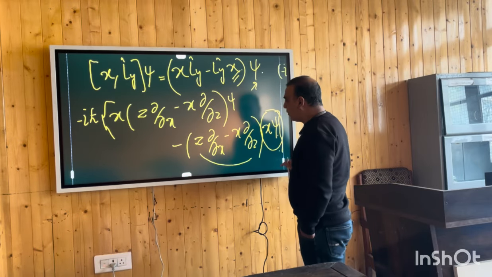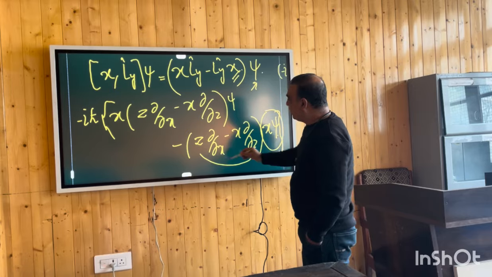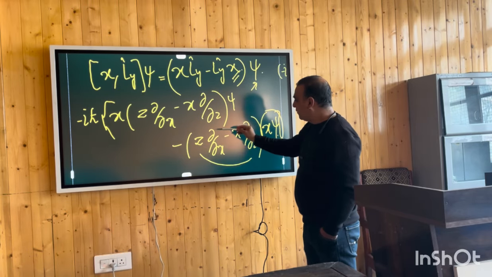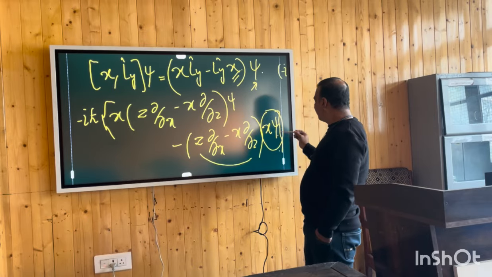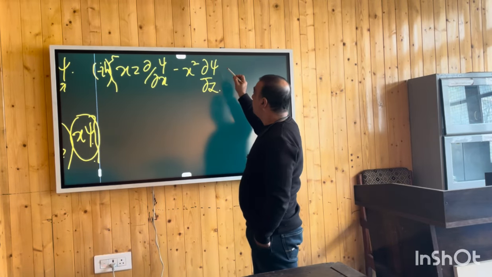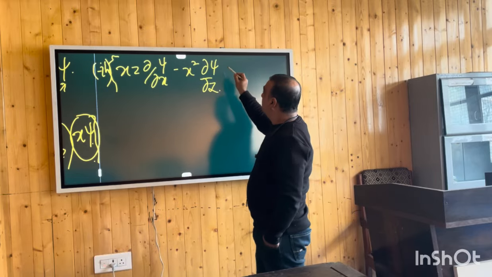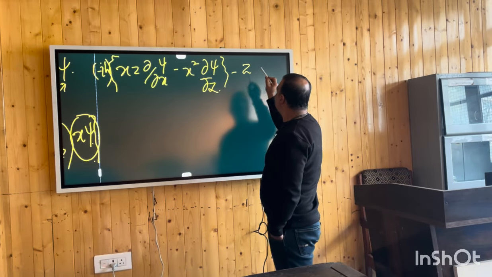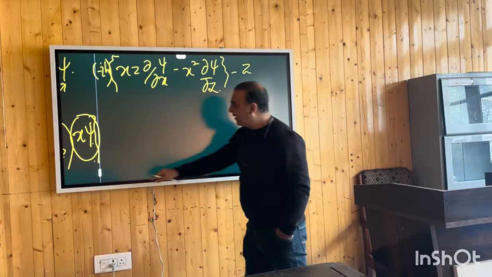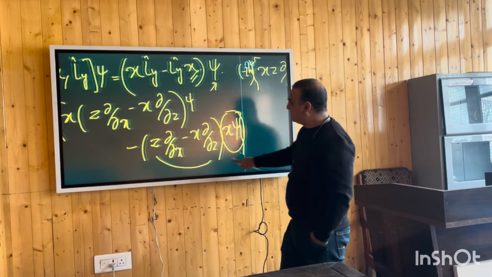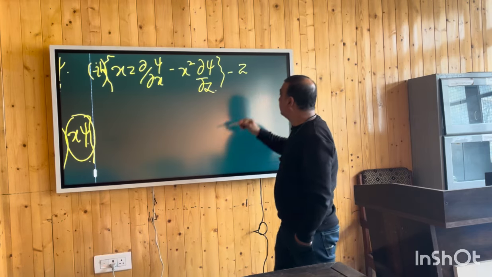So now what's going to happen? You will have minus z dou by dou x of x psi. This will be the first term.